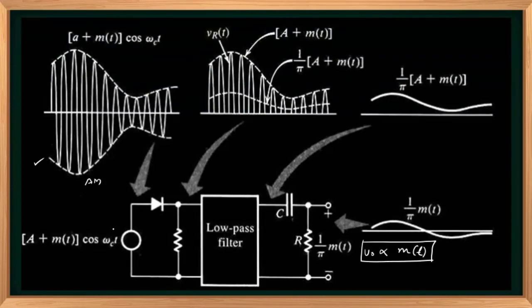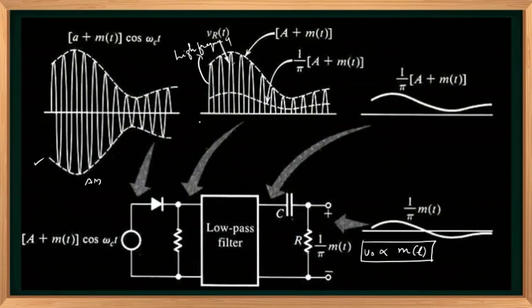How is it suppressed? Actually, these pulses are high frequency components. All of these carrier pulses are high frequency components.